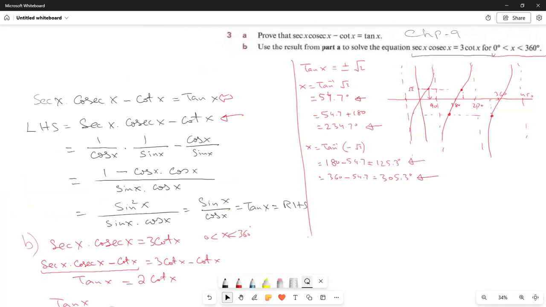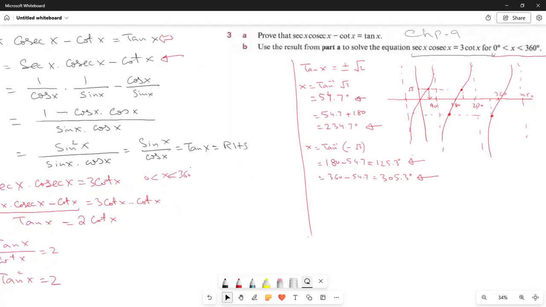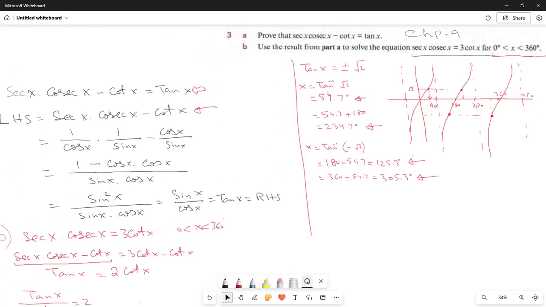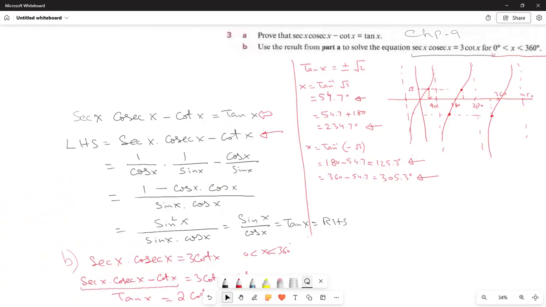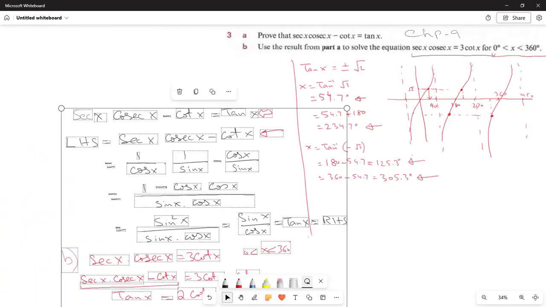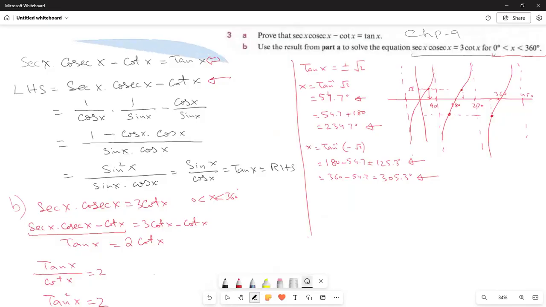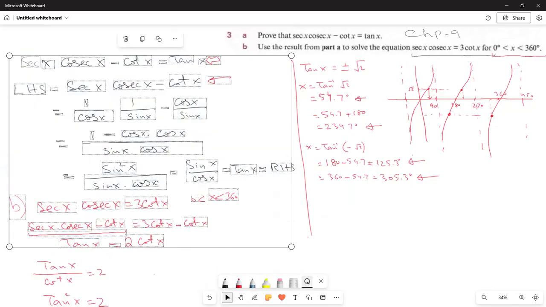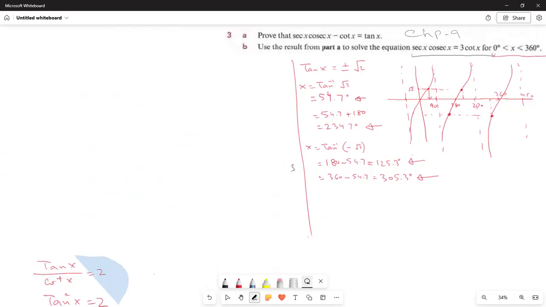Okay, so let us do part B directly. Directly means I have this equation secant x into cosecant x equals 3 cotangent x.